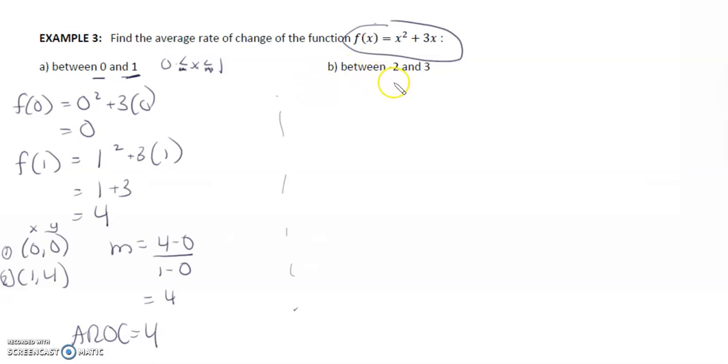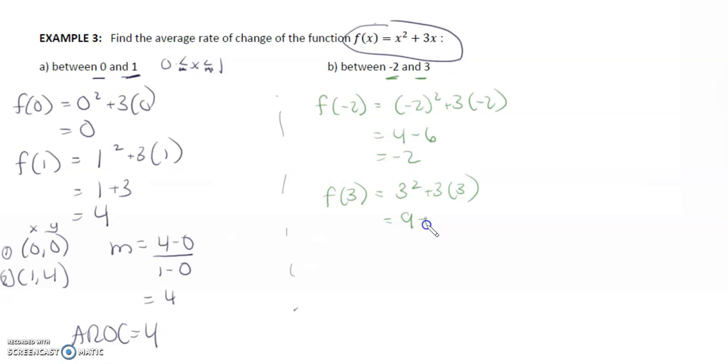Same thing, we're going to solve for between -2 and 3. So f of -2 is going to be (-2) squared plus 3 times -2, which is 4 minus 6, which is -2. Now we're going to do the same thing with the 3. So we get 3 squared plus 3 times 3, which is 9 plus 9, which is 18. So our two points are (-2, -2) and (3, 18).